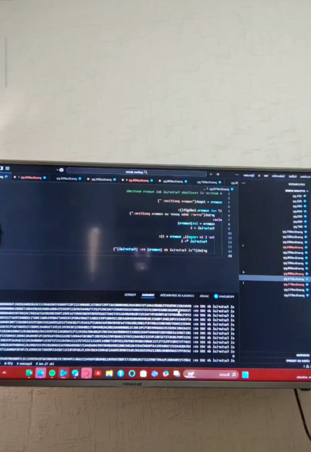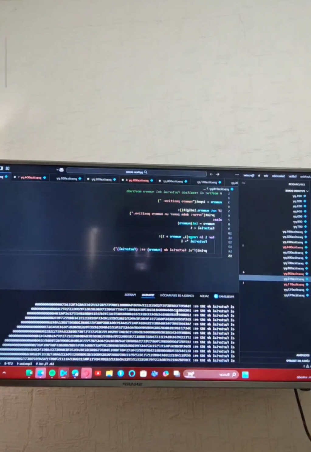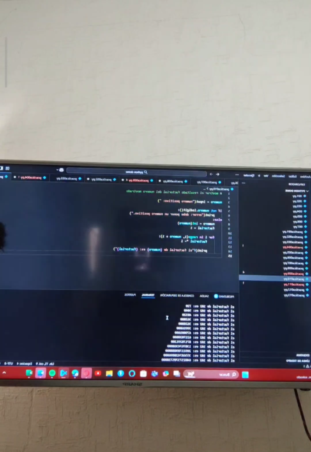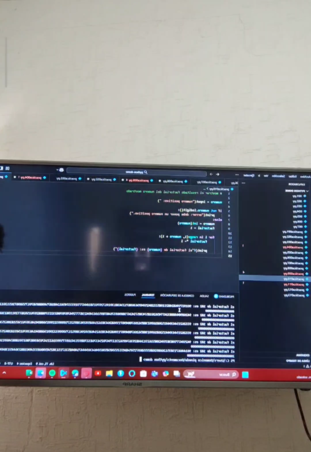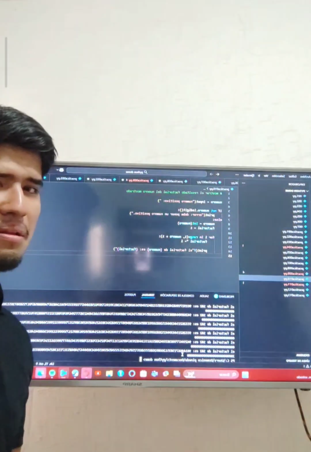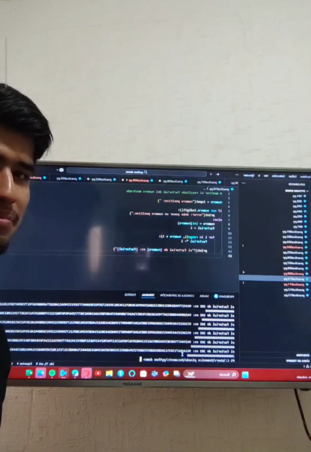This is the factorial of larger numbers, infinite numbers.